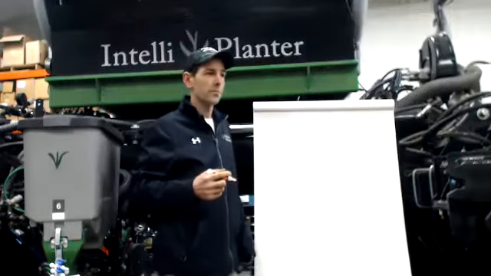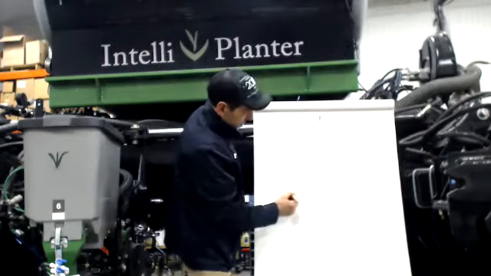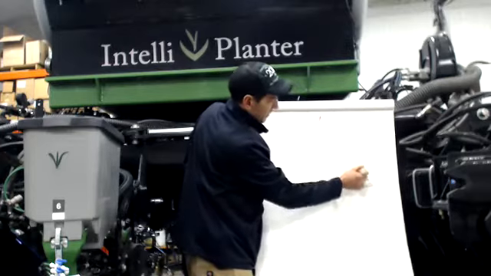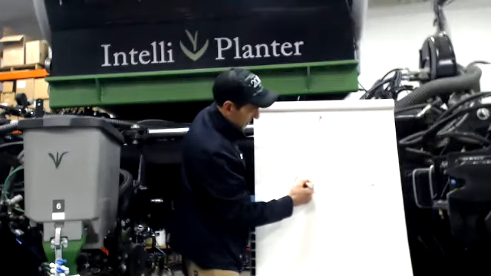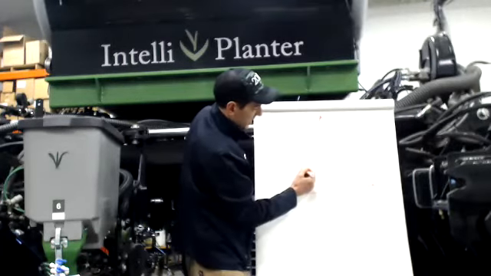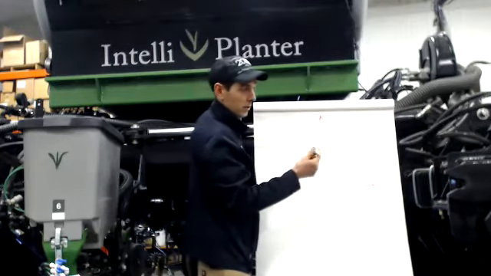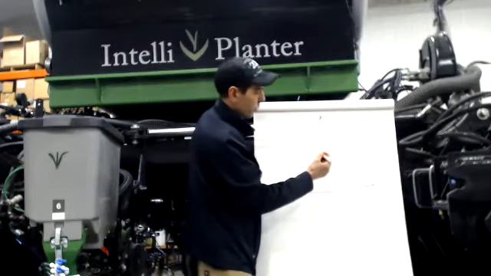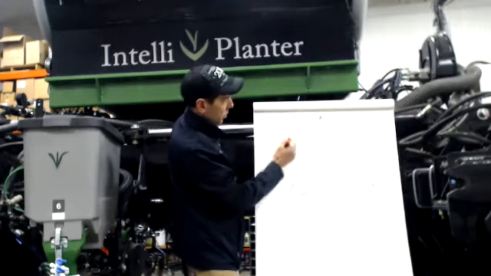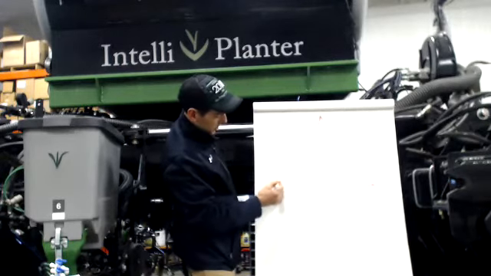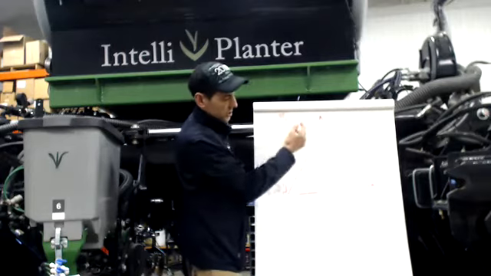I'm going to draw a pyramid on the board here, and you've seen me draw this in the past, but it's important to think about as we consider the different errors that our planter can make, or things that we need to consider as an order of importance. There's 5 layers, with this one down here costing you the most dollars if you get it wrong, whereas this one is not costing you as much.